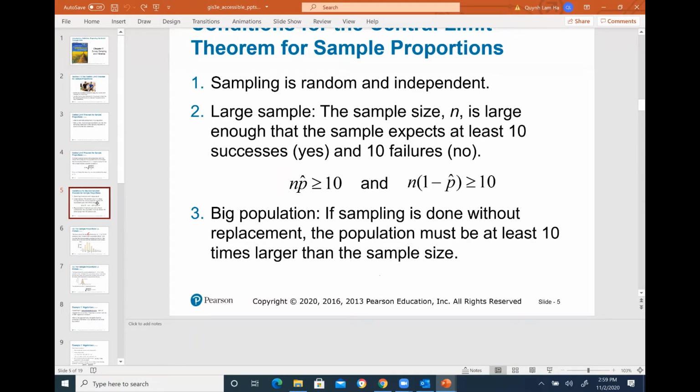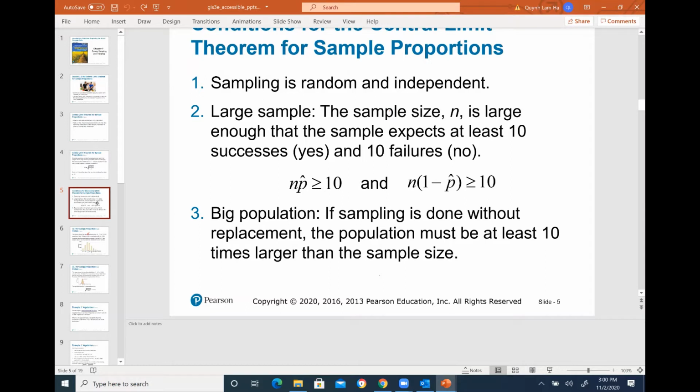So here are the conditions you need before you can find the standard error. Usually you have to go through these 3 steps before finding the standard error for p hat.